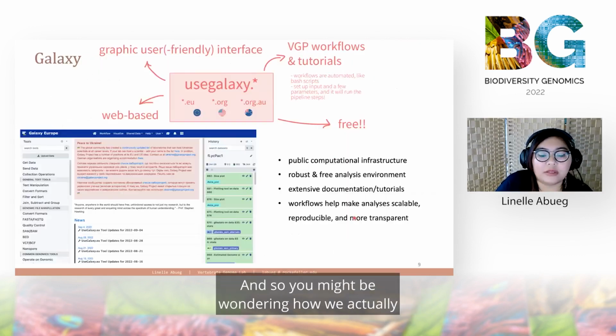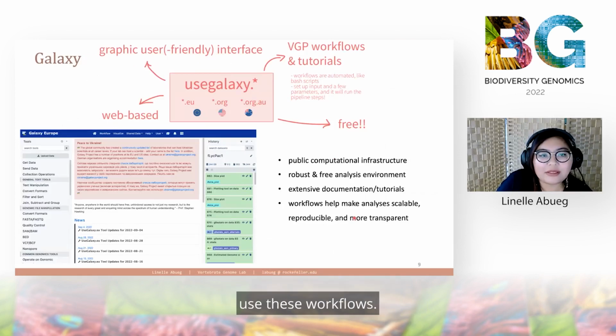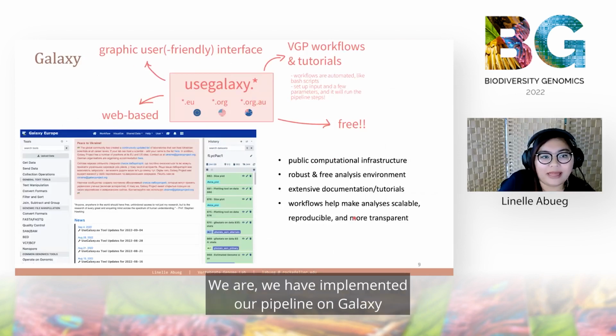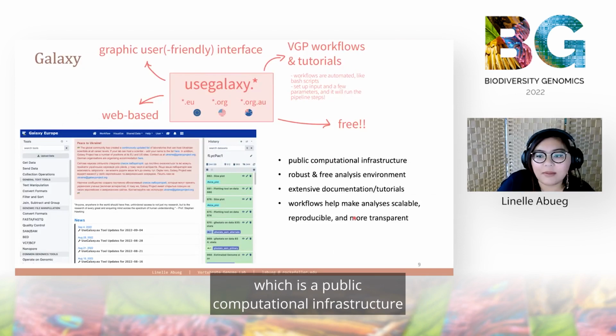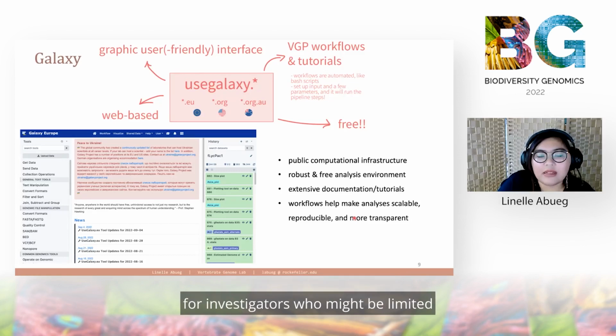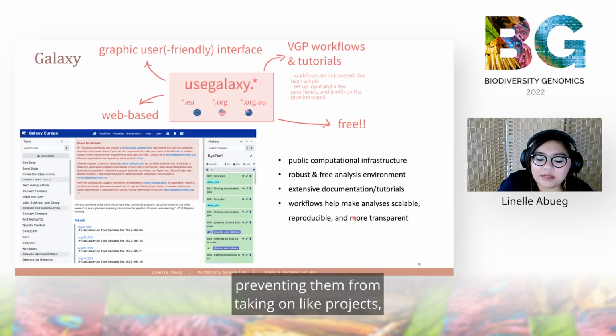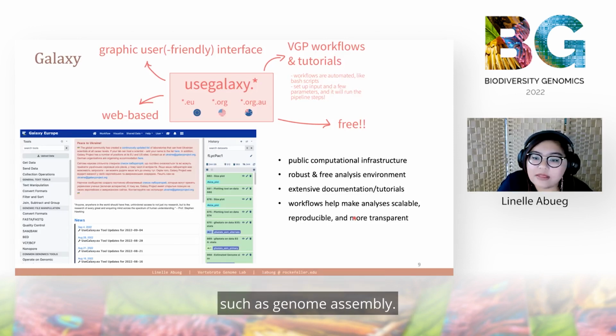And so you might be wondering how we actually use these workflows. We have implemented our pipeline on Galaxy, which is a public computational infrastructure that provides a robust and free analysis environment for investigators who might be limited by a lack of local computational resources or a lack of programmatic experience preventing them from taking on projects such as genome assembly.